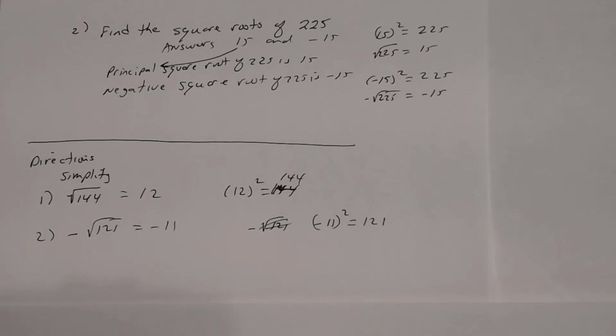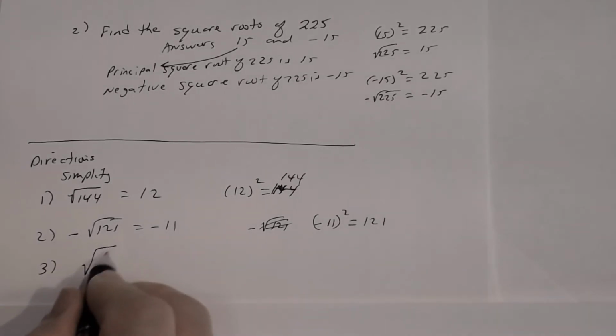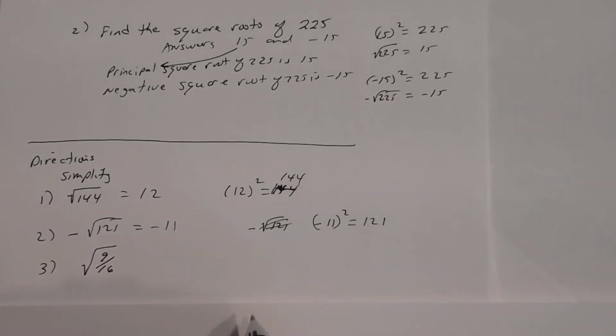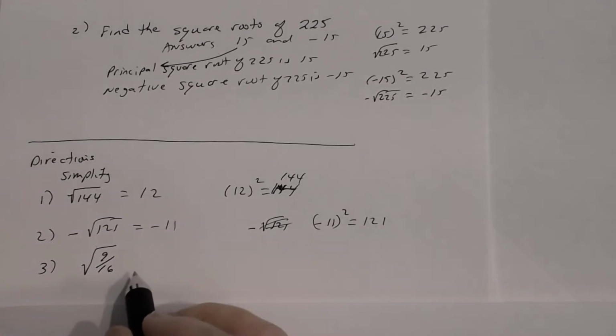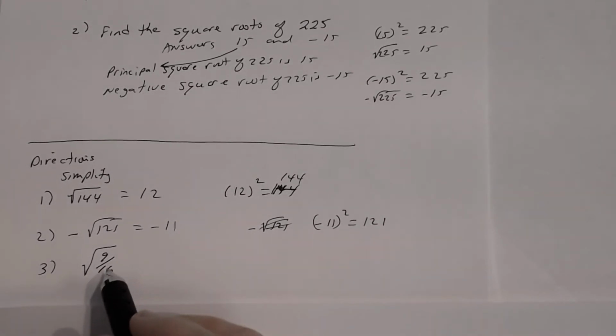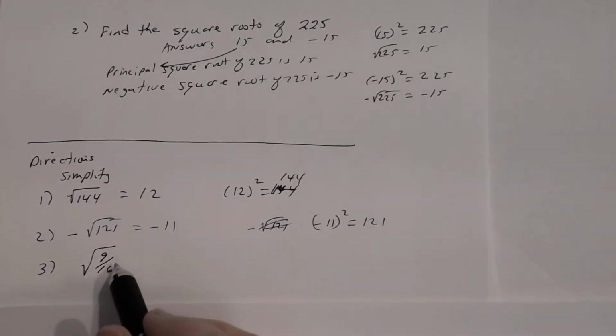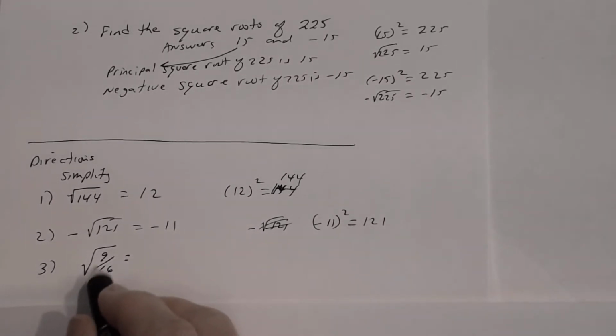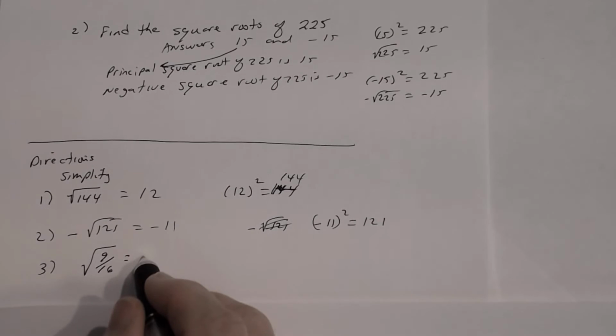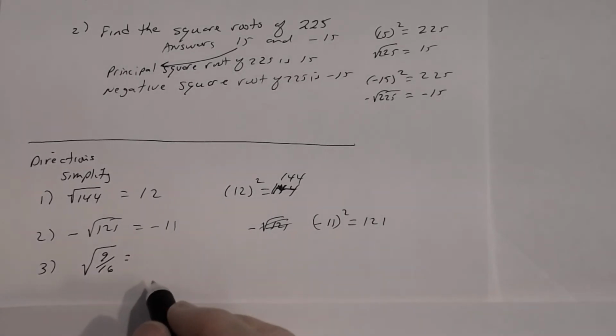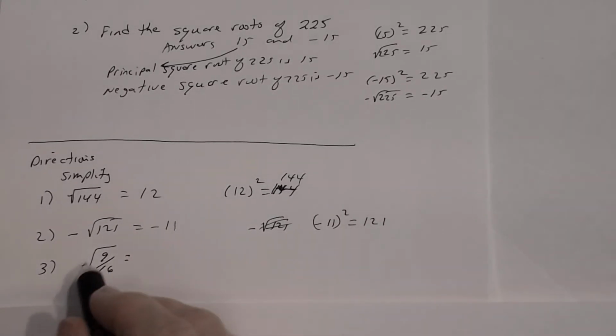Okay, number 3, you have the square root of 9 divided by 16. Now, this is not that difficult. You're just dealing with a fraction. So I'm taking the square root of a fraction, right? I have a numerator and a denominator underneath the radical.